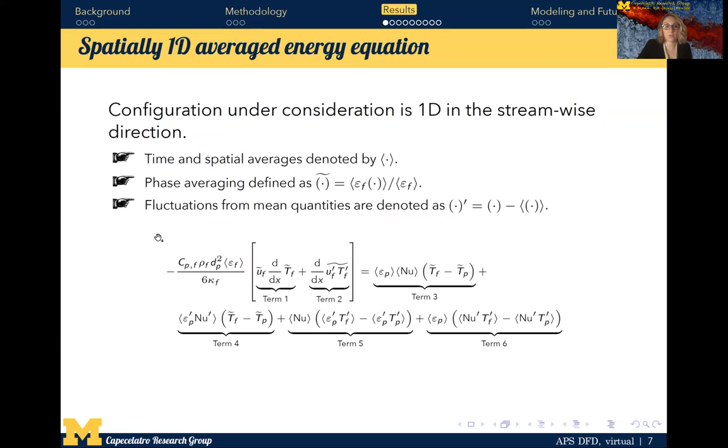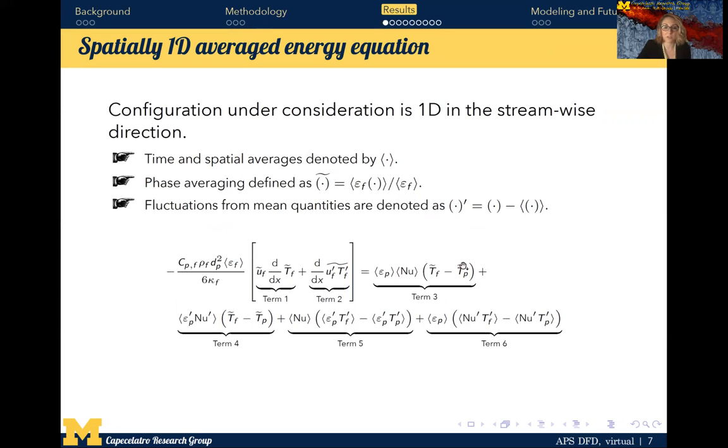And first we take the phase average of the heat equation, where time and spatial averages are denoted by angled brackets. Phase averages are denoted with a tilde, which is defined as the quantity times the volume fraction, then the time and spatial average of that divided by the time and spatial average of the volume fraction itself.